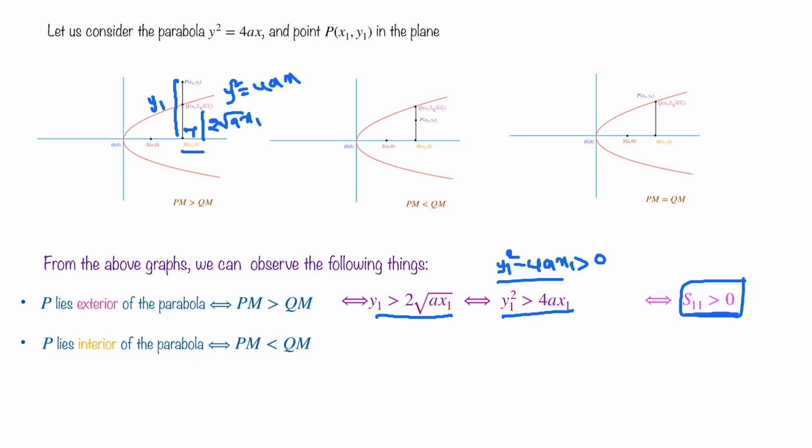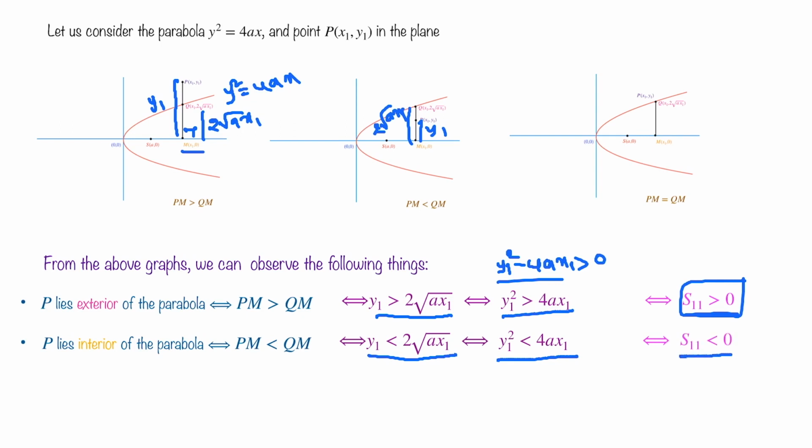In this case, PM is y1, and QM, again this height, is 2 root a x1. So this holds if and only if y1 is less than 2 root a x1, which is equivalent to y1 squared less than 4a x1, and this is equivalent to saying that S11 is negative. So P lies interior to the parabola if and only if S11 is negative.